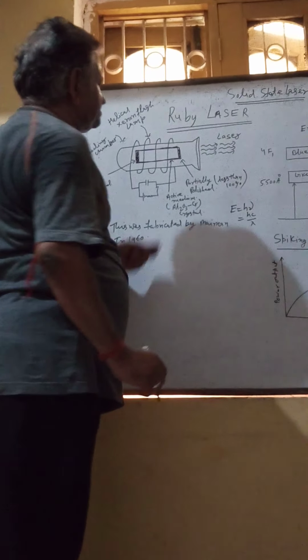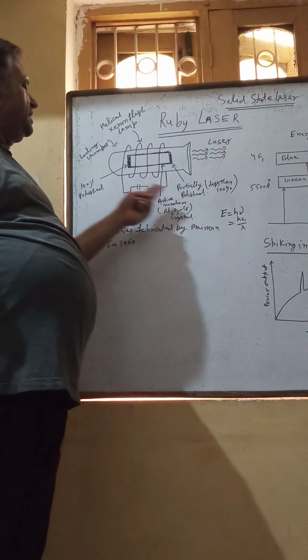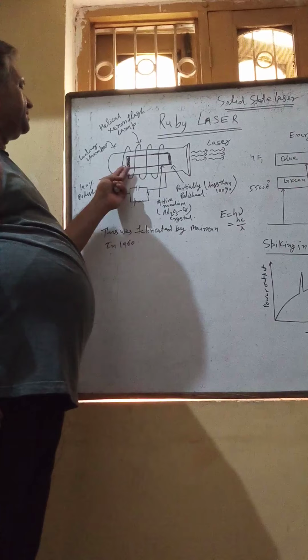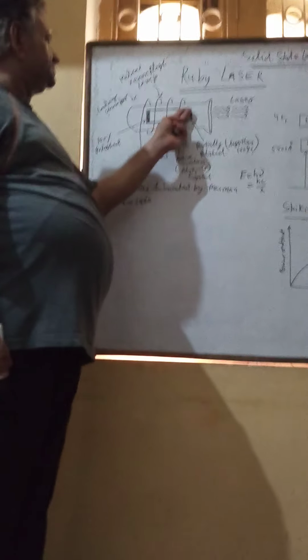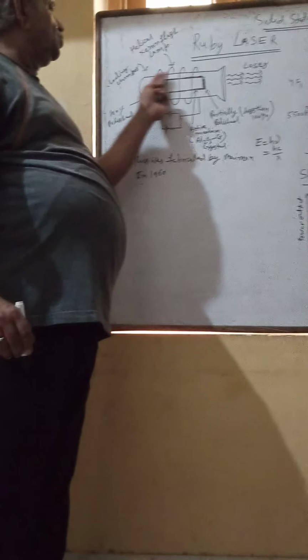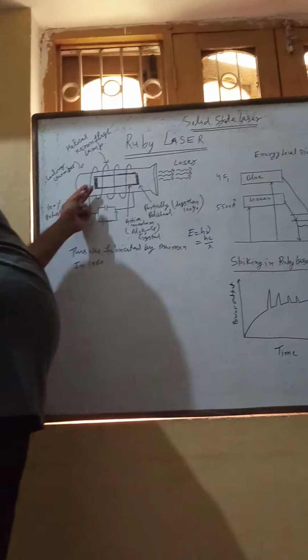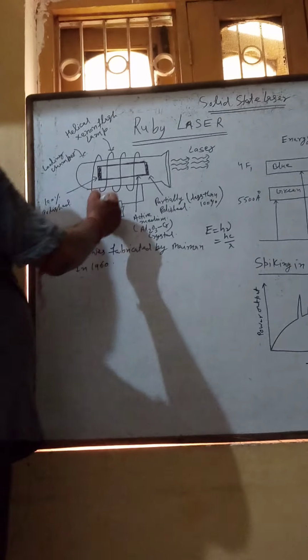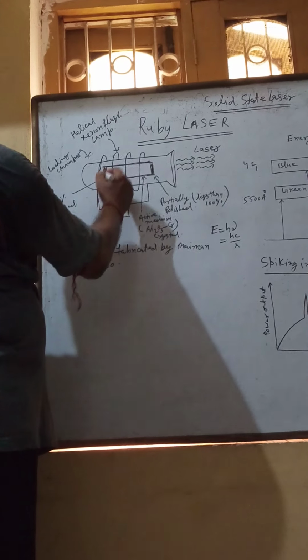Partially polished means less than 100% polished. And this crystal is covered with a cooling chamber and a xenon flash lamp. This is your cooling chamber, and this is your xenon flash lamp.